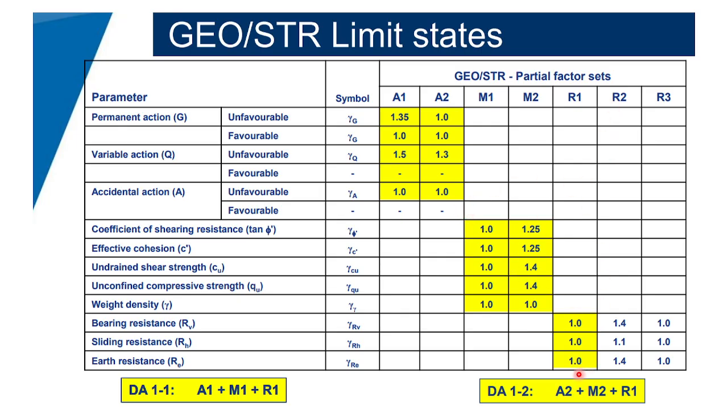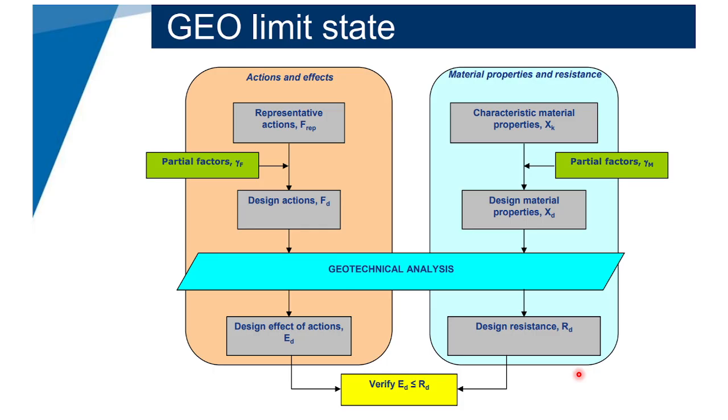Okay, so let's proceed. Just for a brief review, you have to consider the actions and effects here. You have your representative action, could be permanent or variable. Then you multiply it with the partial factors to get the design actions and come up with the geotechnical analysis.